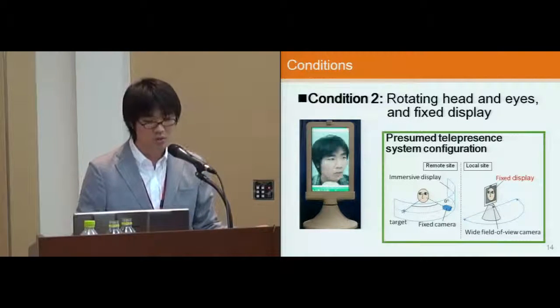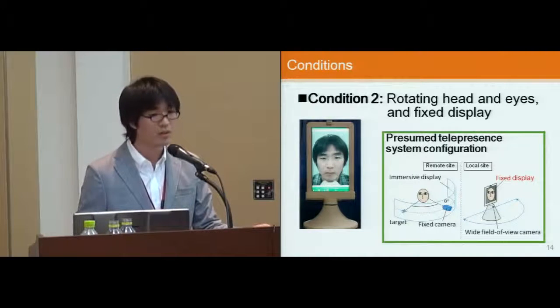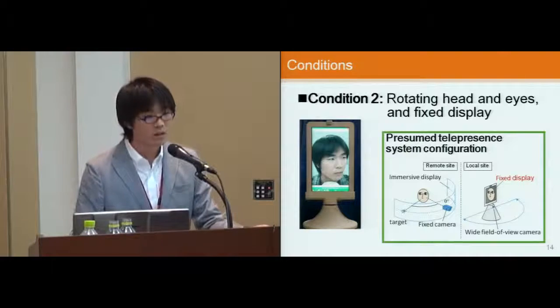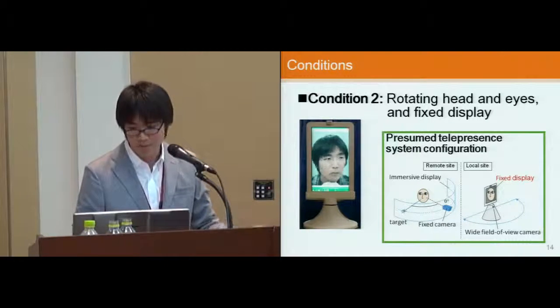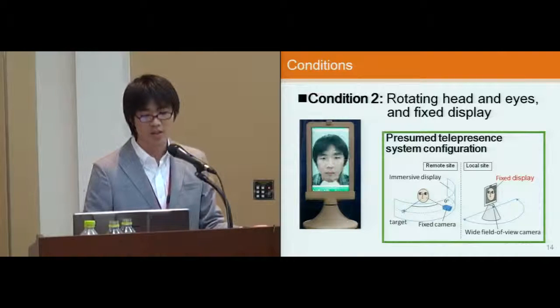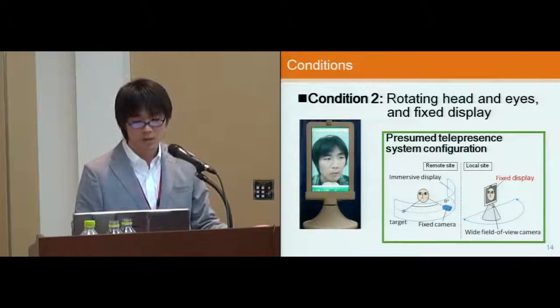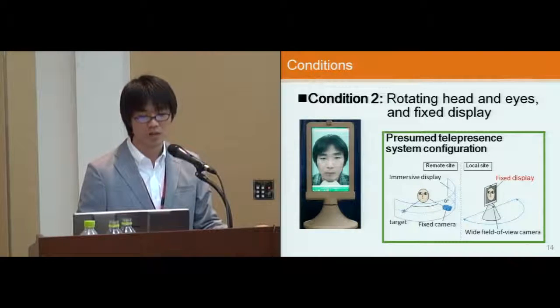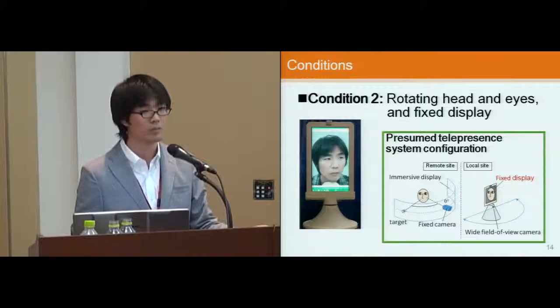In condition 2, the subject looked at the looker's face shown on the flat display. In this condition, the display did not rotate, but only the head and eyes in the display were rotated. Head and eyes rotation angles were controlled according to the head-eye coordination ratio.